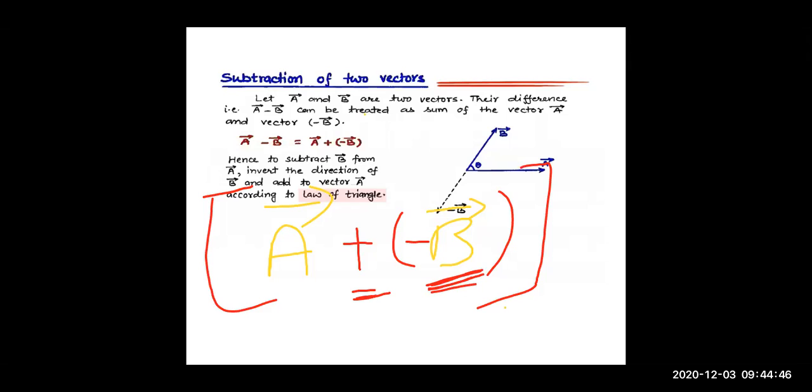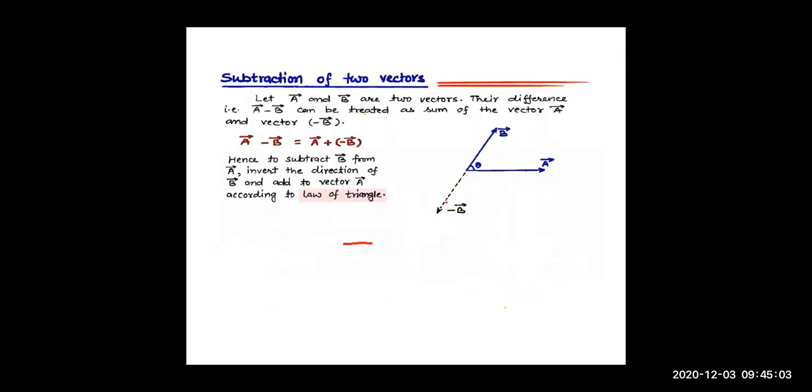So here you can see that this is vector B, and if I require the inverted B, then it would be exactly in the opposite direction, and that would be minus B. And then simply we are going to apply the law of triangle.